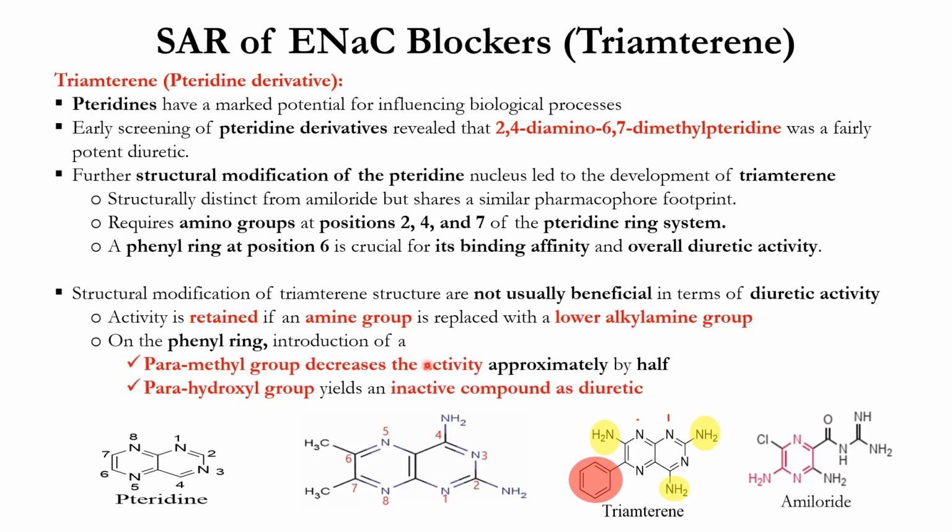On the phenyl system, para-methyl groups were tried, but they decreased the activity by approximately half. Para-hydroxyl groups were also tried, but these make the molecule inactive as a diuretic. So none of the structural modifications on the triamterene structure are beneficial over the drug itself.